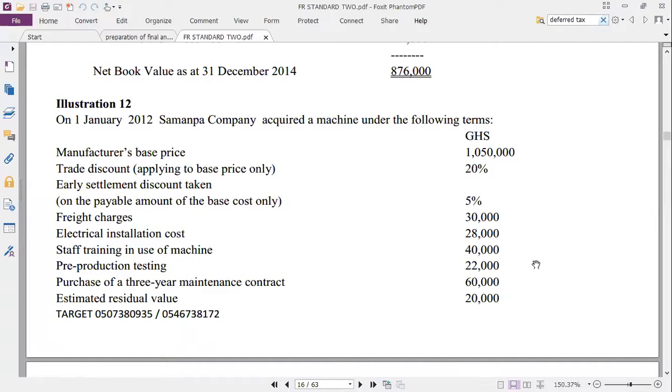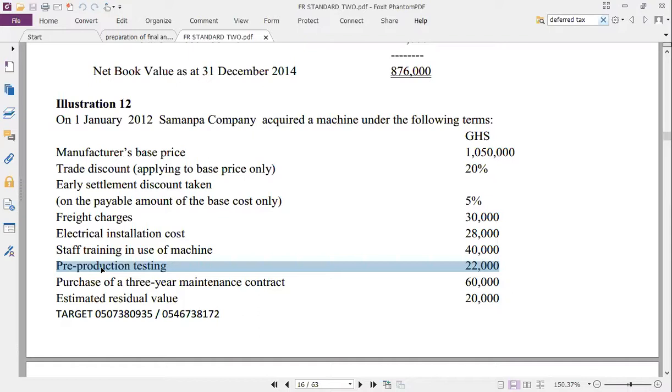Pre-production testing. Okay, I like that. In fact, that one was pre-production cost. This one is pre-production testing, and testing is part. Testing of the machine is part. Just that here they are saying pre-production testing. So before you use the machine for the first time, you have to test it.